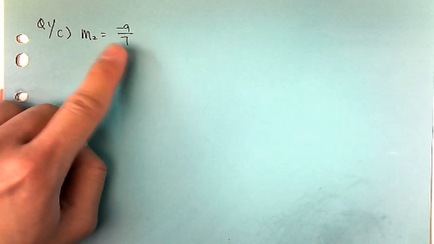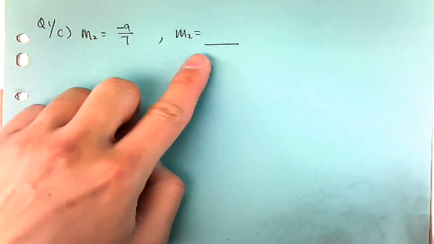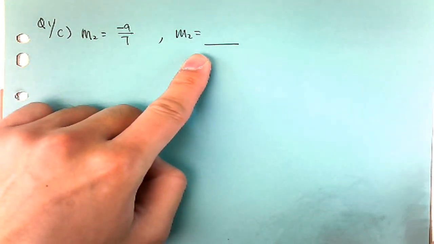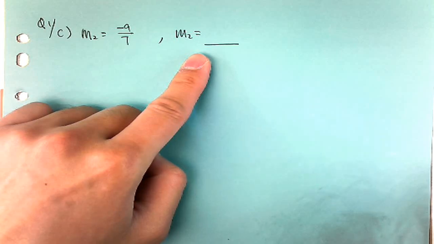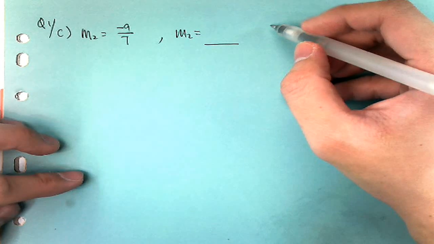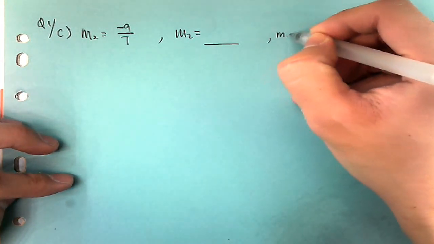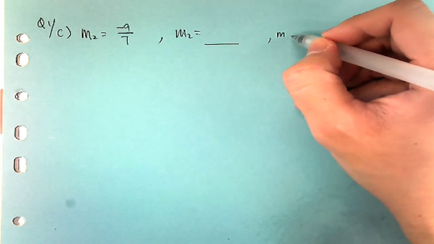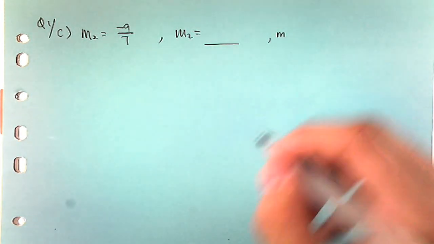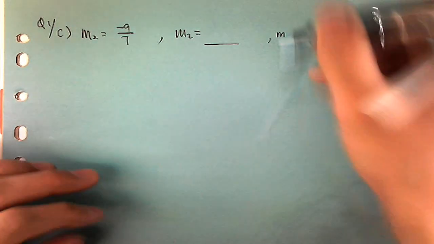Understand? So for the next blank, the M2, it should be what? Because L1 and L2 multiplied together equal -1. Understand? So in your rough paper or your blank paper, you can do this. M1, I will do it simply, not make it so complicated.